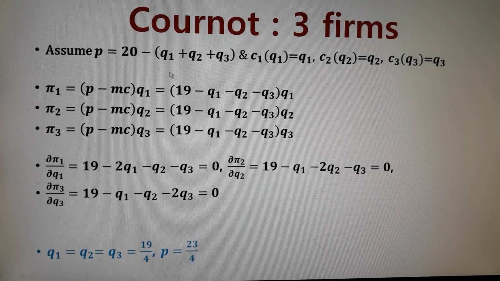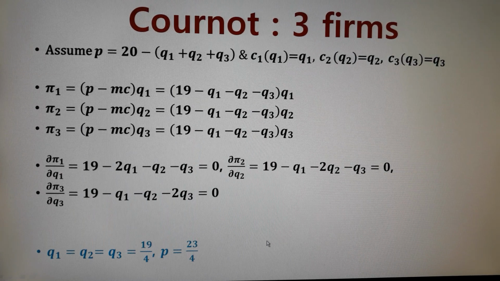And you put this over here. Together, 57 over 4. 20 minus 57 over 4 would be 23 over 4. So the price is 23 over 4.